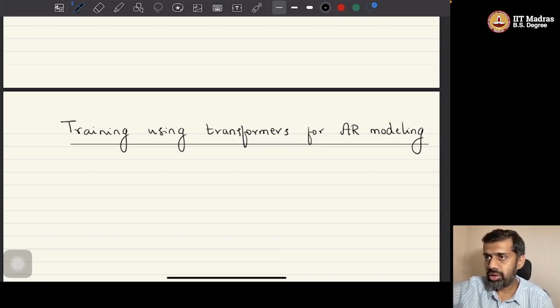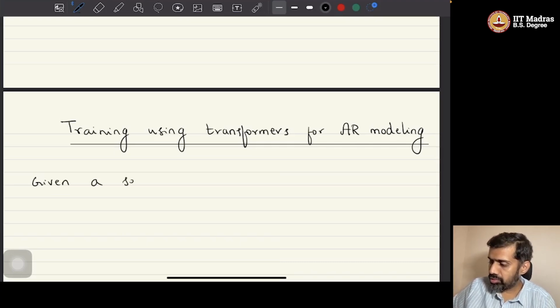Now remember that what we are given is a sequence of tokens.